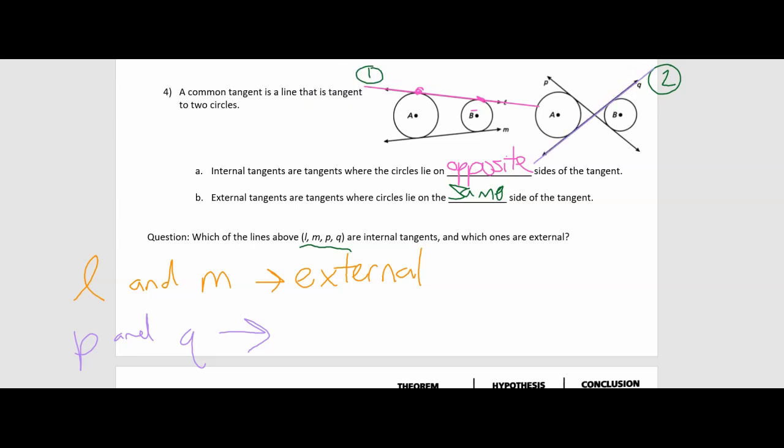Right, so if I look at line P, the circles are on opposite sides of that line. That makes line P an internal tangent. Same with line Q.